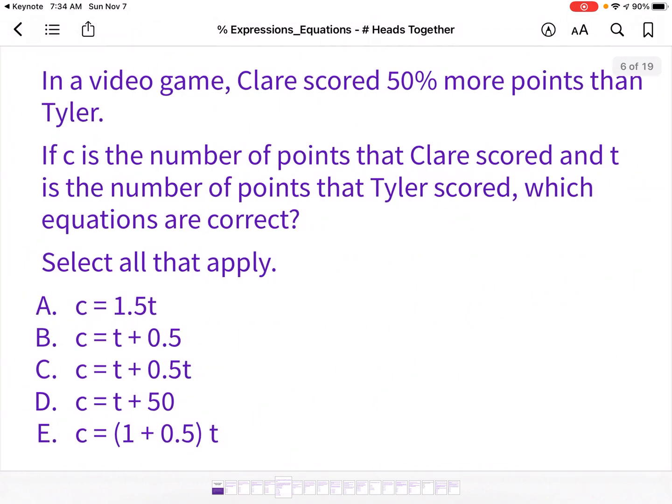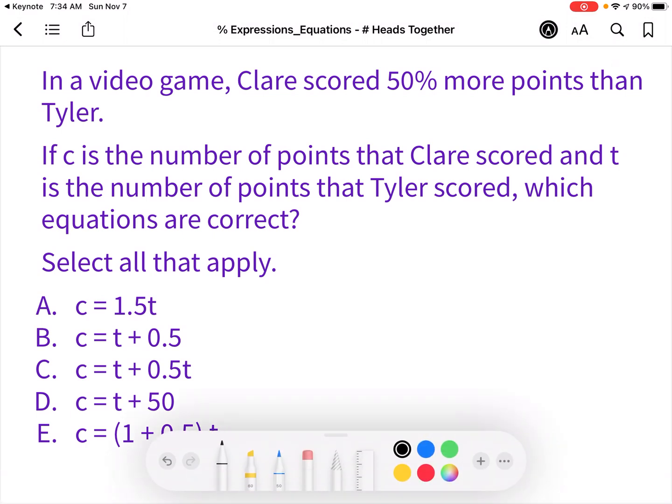In a video game, Claire earned 50% more points than Tyler. So if Tyler has 100, Claire has 150, because that's 100% of the points, and she earned 50% more, so that'd be 150. If C is the number of points Claire scored, and T is the number of points Tyler scored, which equations are correct? Select all that apply. Well, I know that 1.5 times Tyler's points are going to give me Claire's.